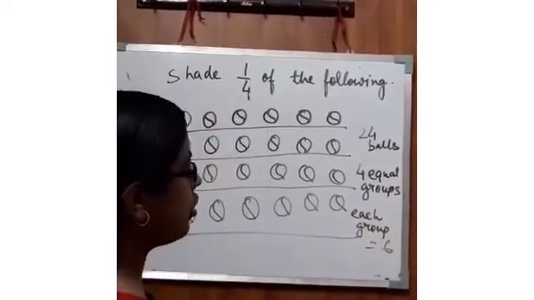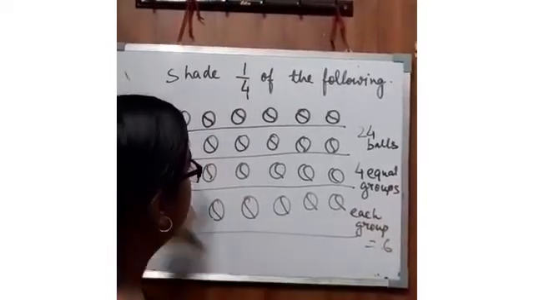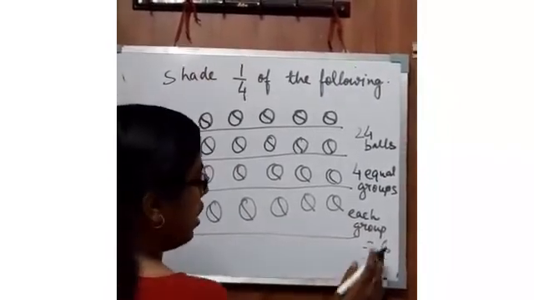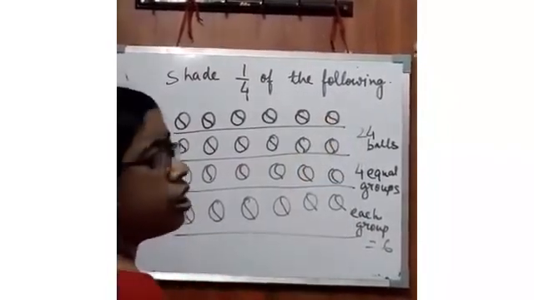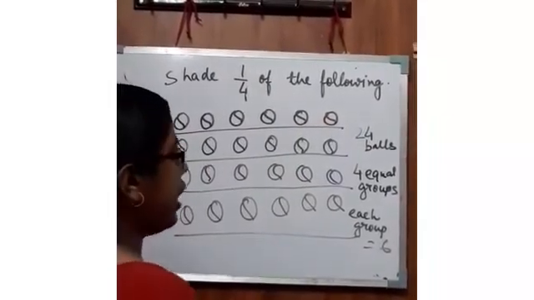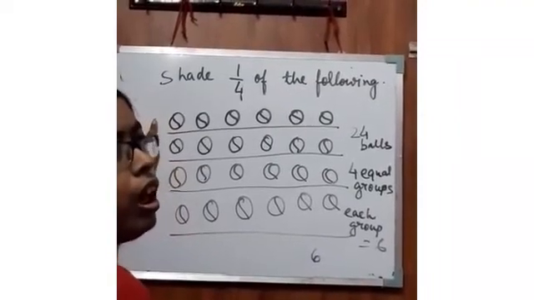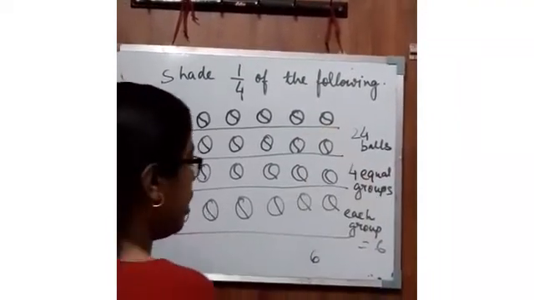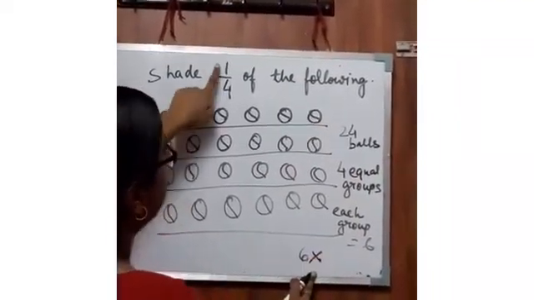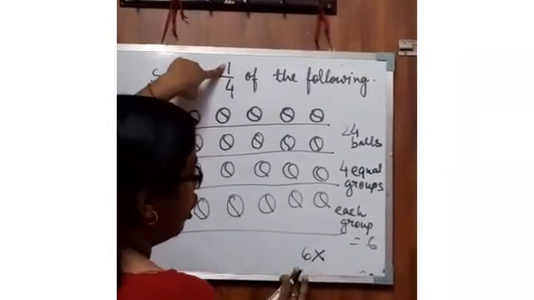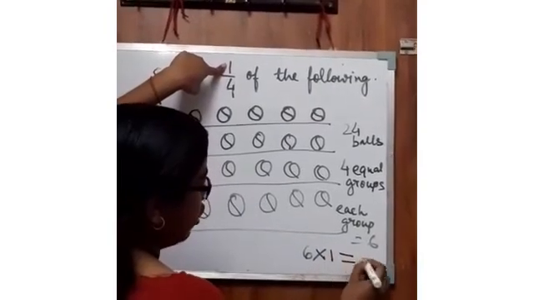Now I have to take 1 group of 4. In each group there are 6 balls, and we have to take 1. 1/4 means 1 out of 4. So 6 into 1 is equal to 6.